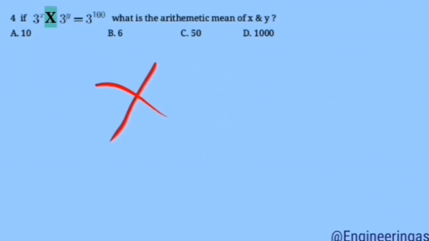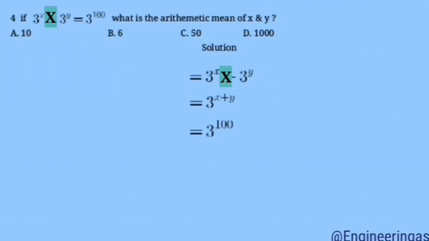Okay, let us continue. 3 raised to x times 3 raised to y means 3 raised to x plus y. So this equals 3 raised to 100.